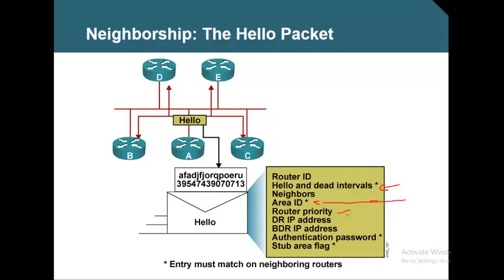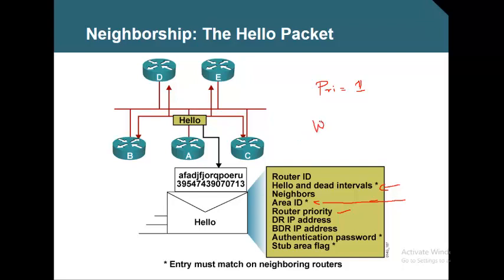The router priority. The default priority in a LAN environment is 1. Do you know the priority in the WAN environment? Exactly.